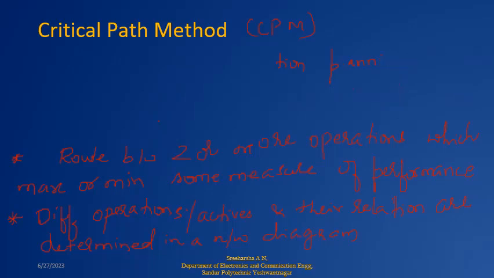Then after drawing the network diagram, critical path activities are marked and focused. A combination of measures are developed to maximize the measure of performance. So then what we are doing, we are checking each and every path. And generally the longest time consuming path is considered as the critical path.